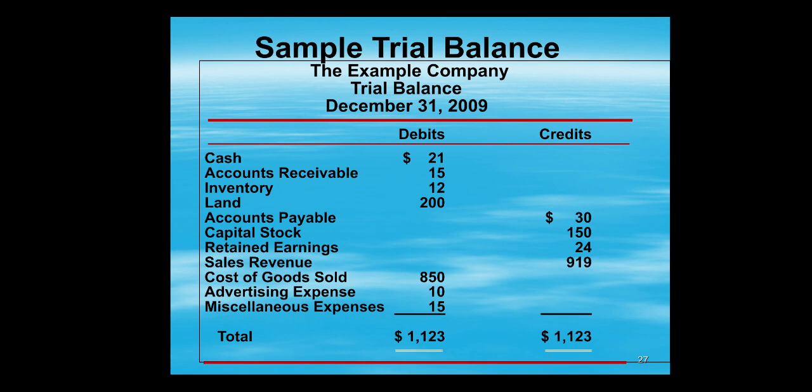And then you have to show the balances for these accounts. Some accounts, particularly asset accounts and also expense accounts, have debit balances. Other accounts, particularly the liabilities, capital and revenue, have credit balances. This list of all accounts and their balances comes from the ledger.